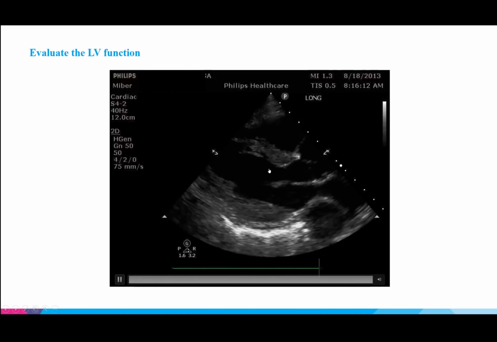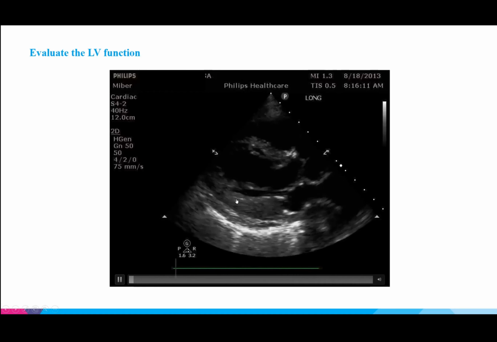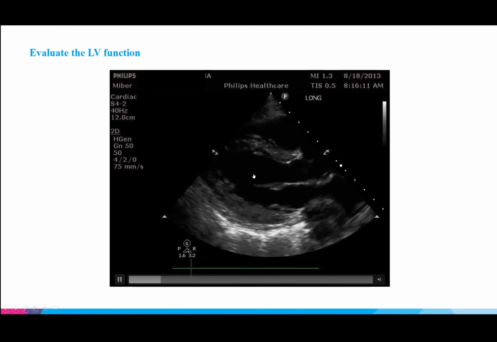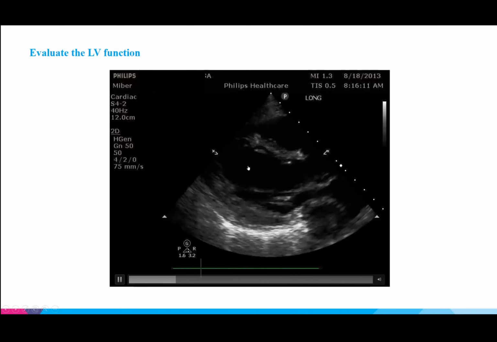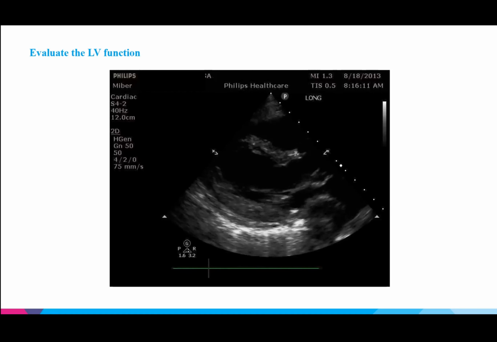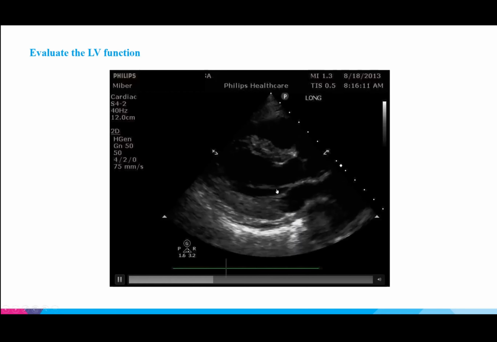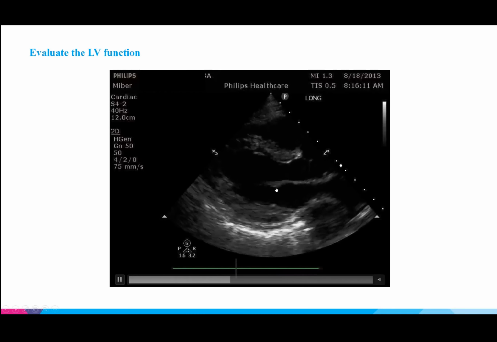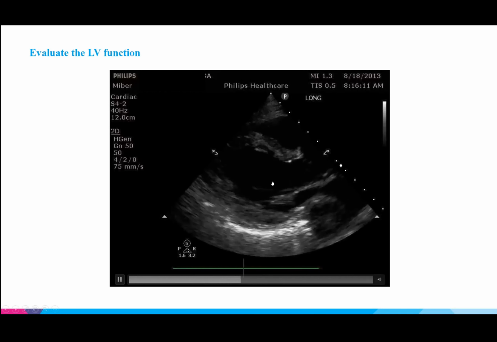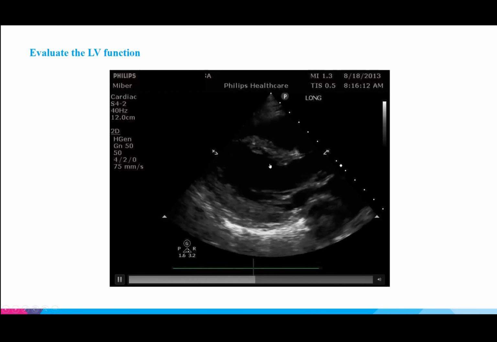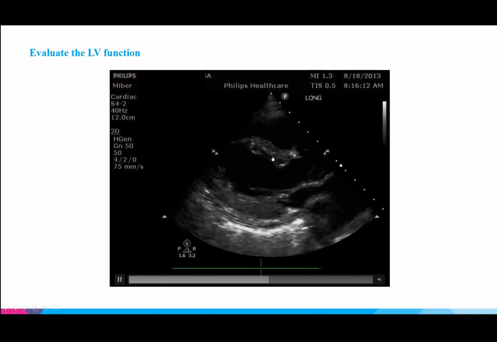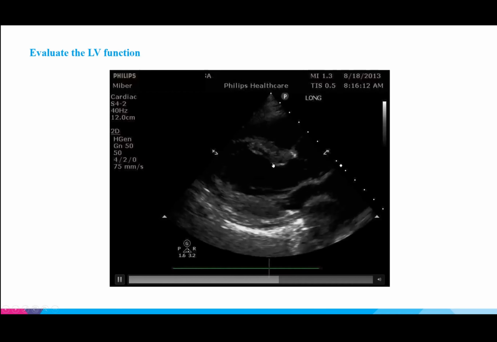So in this view, for me, there's some movement of the walls, and a little bit of decrease in the cavity size with contraction, but it's not sufficient to denote a normal ejection fraction. The other tell is the anterior leaflet, which goes to about the halfway point towards the septal wall. It doesn't touch the septal wall or get within a real close distance to it.